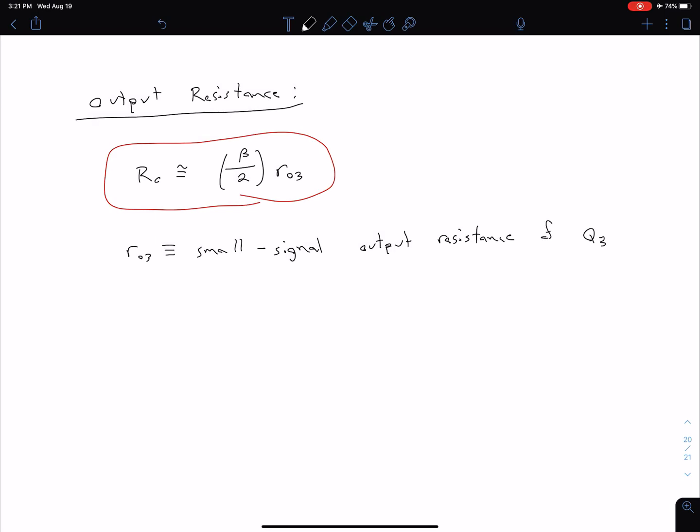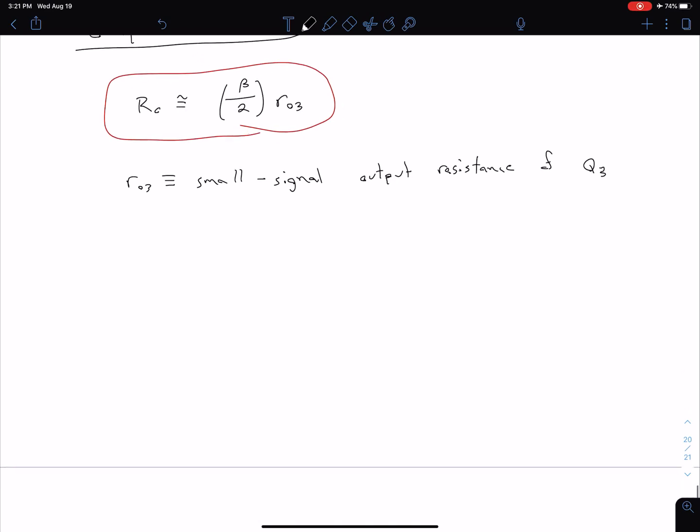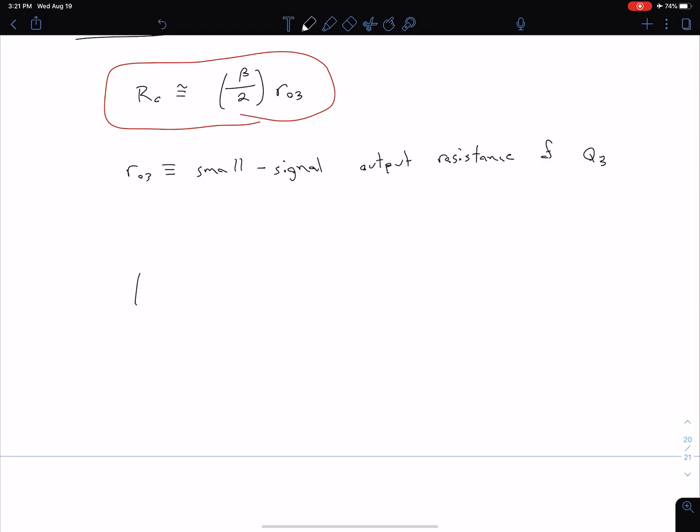And so again, that's looking into the collector of Q3. So what we see is that we have a beta over 2 factor increase in our output resistance.